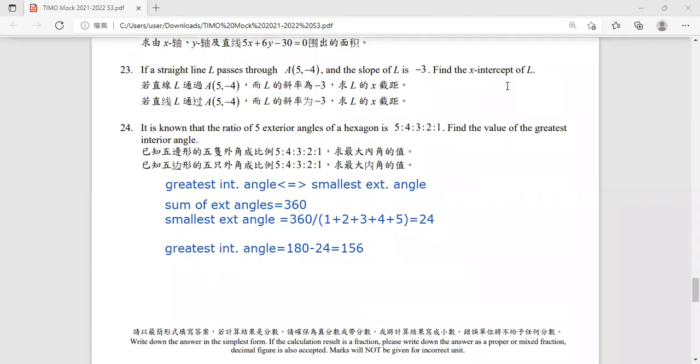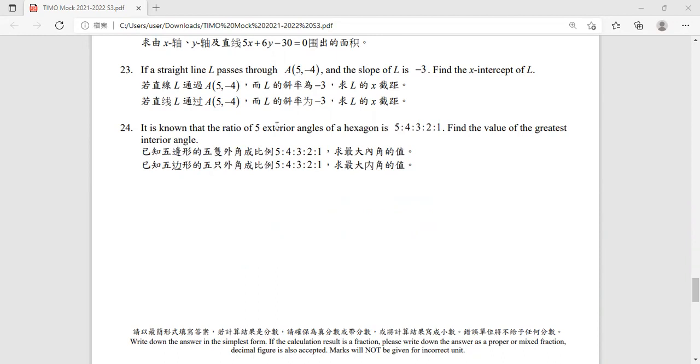If it were a hexagon, we would have 6 angles, but there are only 5 ratios here. Okay, it should be a pentagon.